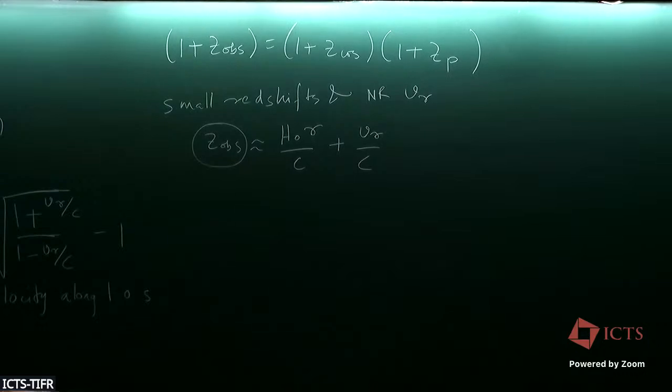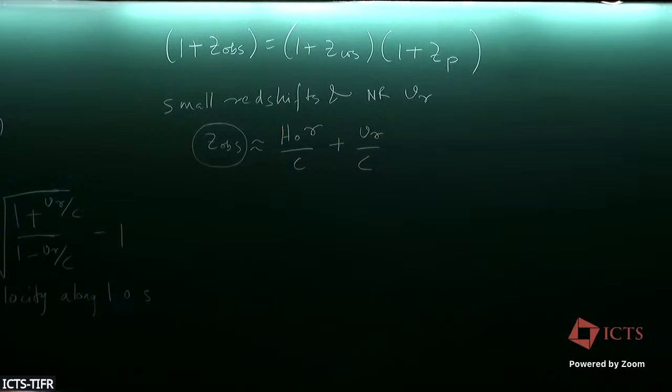But otherwise, when we do galaxy surveys, this is not possible. Unless, near very close by galaxies, there are ways to calculate distances from various empirical relations. But for most of cosmology, this is not possible. So given this, we have to include this effect in our calculations. There is no other way.